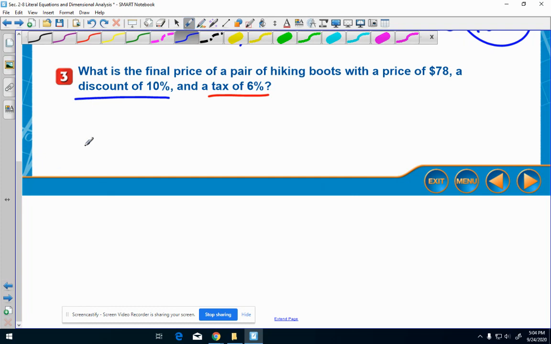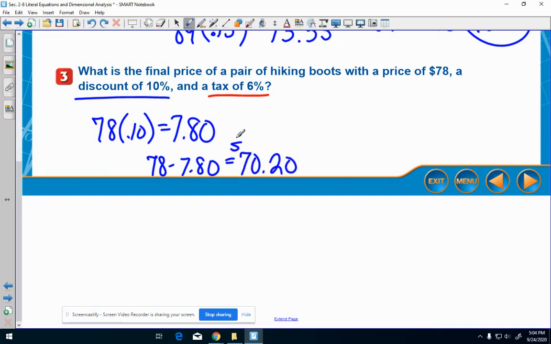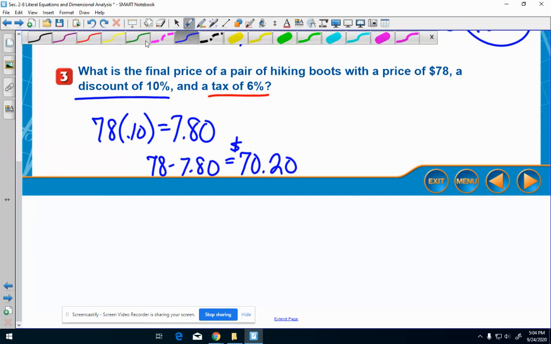All right. So 10% of $78 is going to be $7.80. If I take the 78 minus $7.80, I get $70.20. That is my pre-tax total.